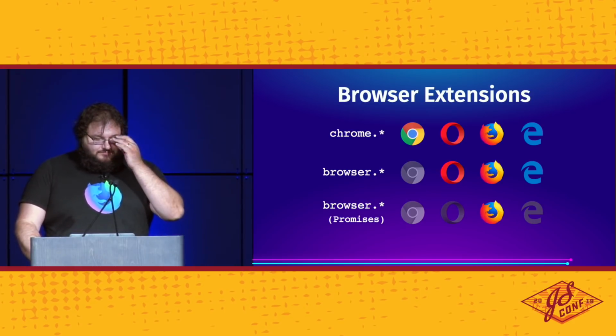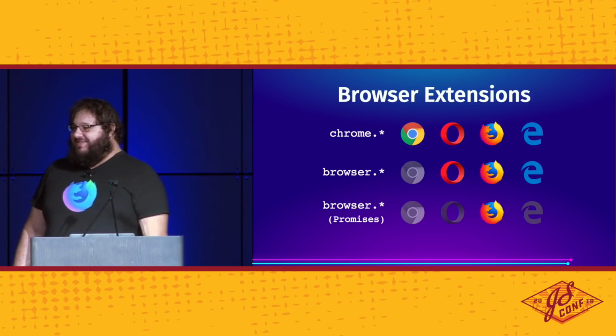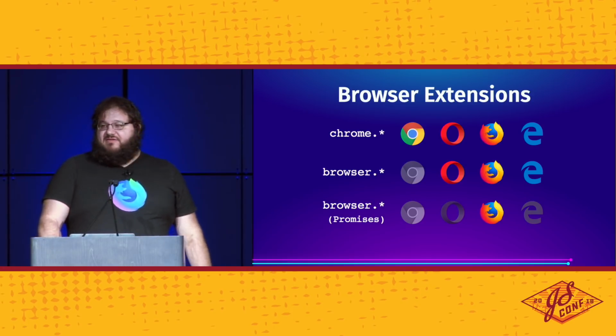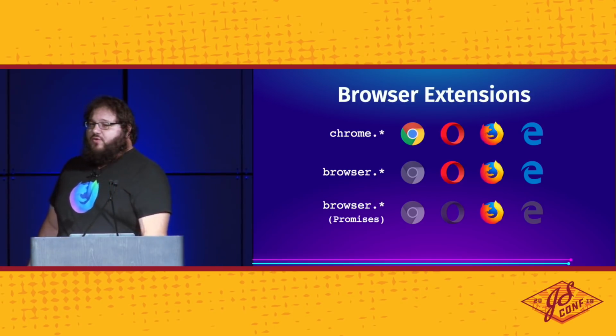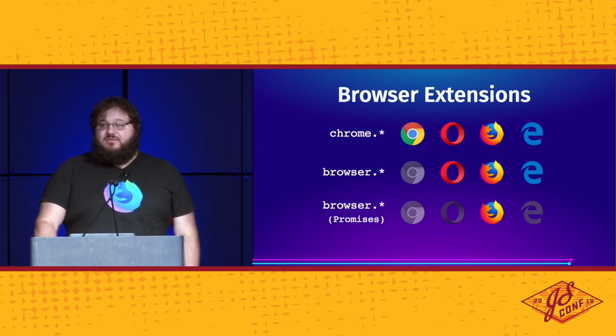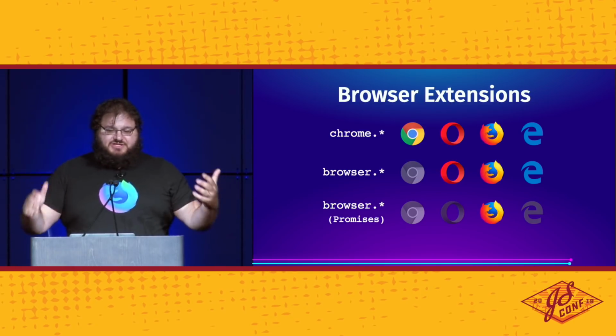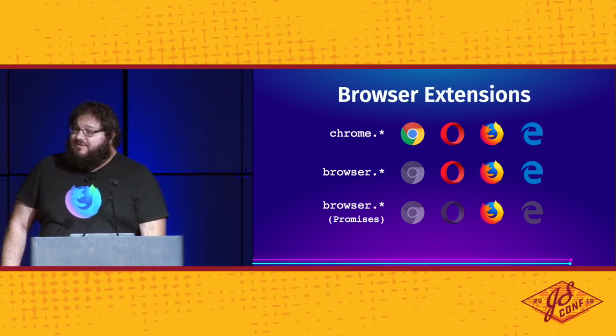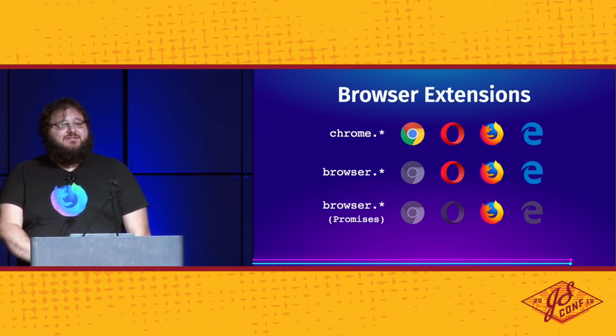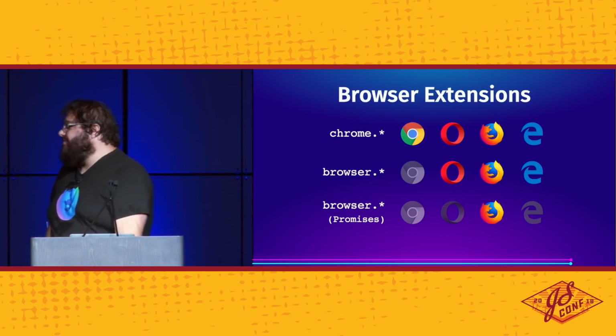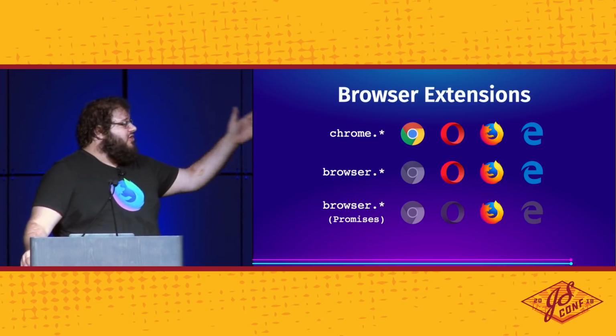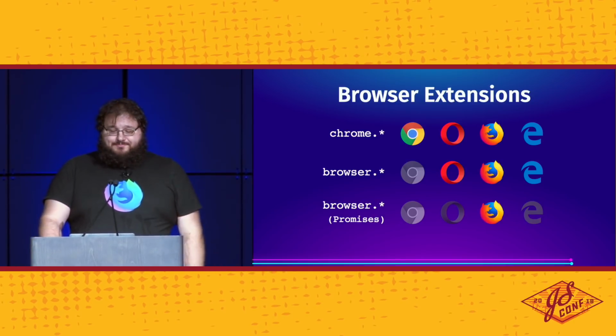Not a problem. However, we've also renamed that entire namespace to browser dot. You can see that, of course, Chrome has no idea what we're talking about at the moment. We're still hanging out, chatting, seeing what's going on. And the spec actually defines all of these APIs to go from a callback model to a promise-based model, which is super rad. However, only Firefox does this at the moment.